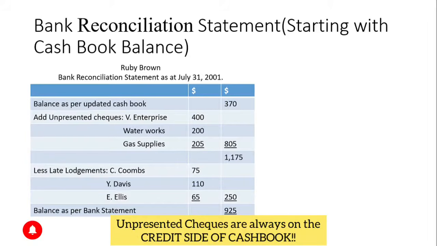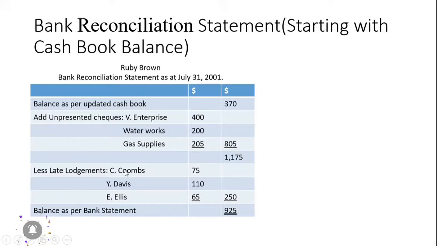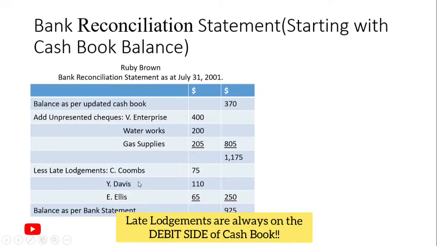Unpresented cheques are items that are unticked on the credit side of your cash book. And similarly, late lodgements are those items that are unticked on the debit side of the cash book, because late lodgements are cheques that you receive but you bring them to the bank after the bank statement is drawn up, or you bring them to the bank late.